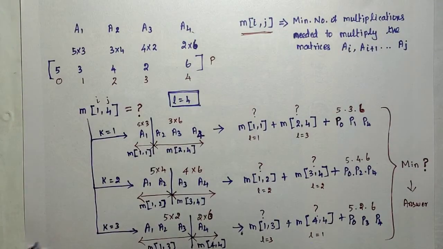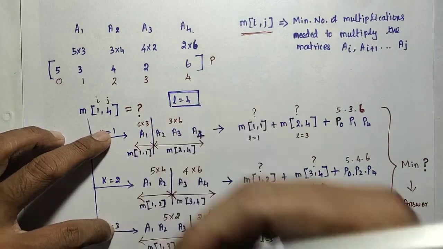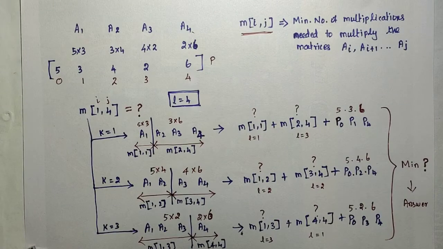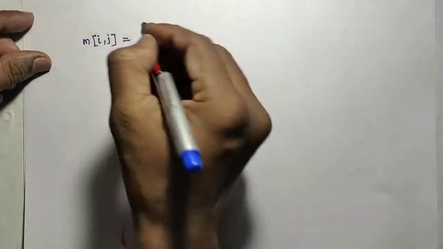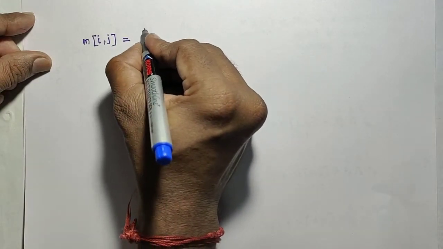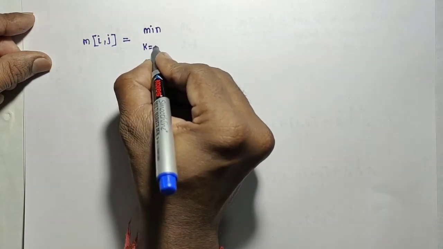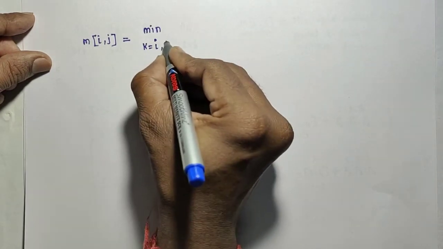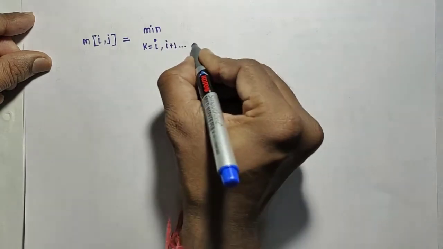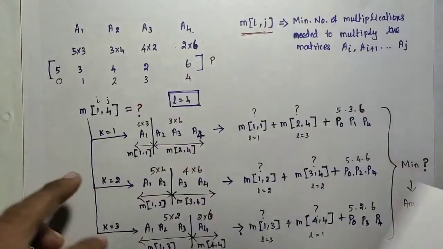Okay, so k starts with i up to j minus 1. From that we have to find the minimum. So minimum for k starting with i, i plus 1, up to j minus 1.